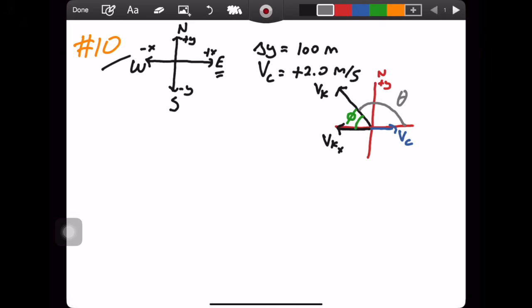Now, if you were to sweep from the positive x-axis to the negative x-axis, that would be 180 degrees. So phi plus theta equals 180 degrees. I'll write that out.